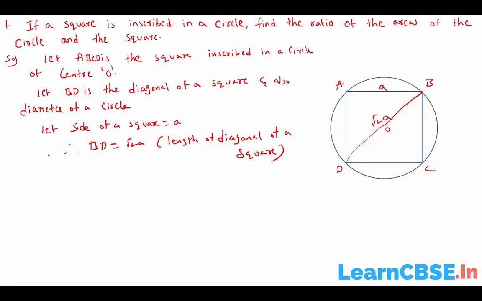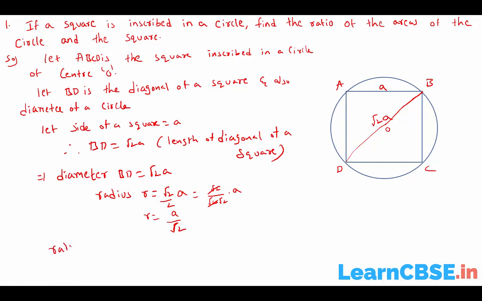And also BD is diameter, and diameter BD length equals to root 2a. Therefore radius of the circle R equals to root 2 by 2a, means R equals to a by root 2. Since root 2 by 2 can be written as root 2 into root 2, so root 2 cancels, a by root 2.